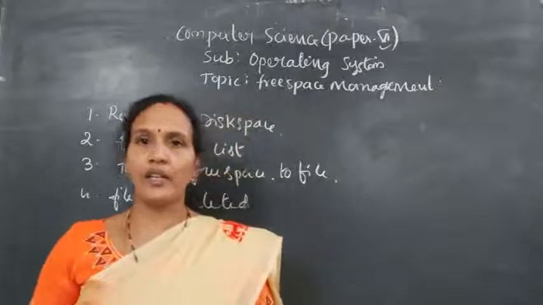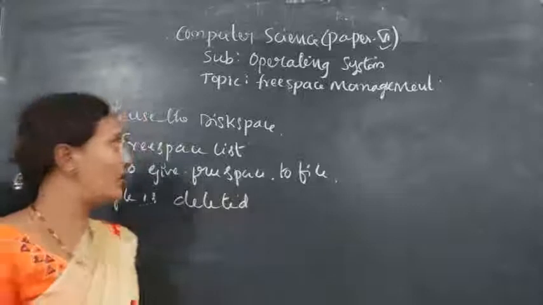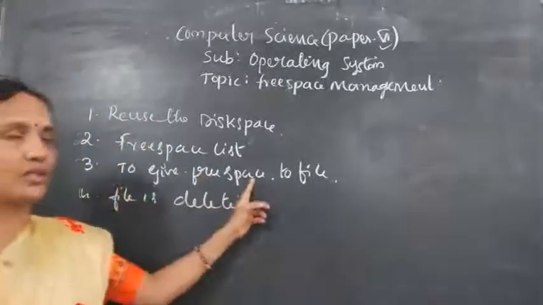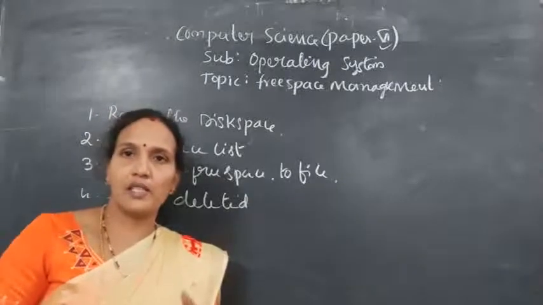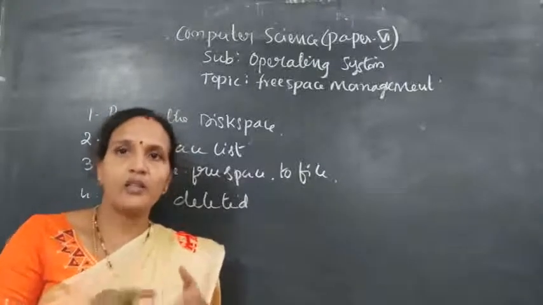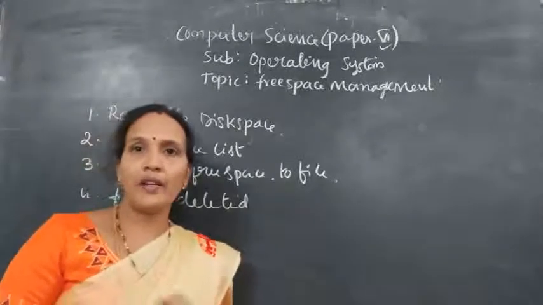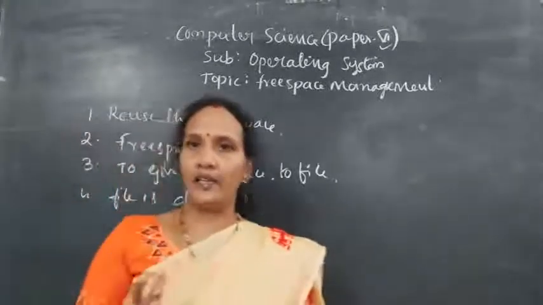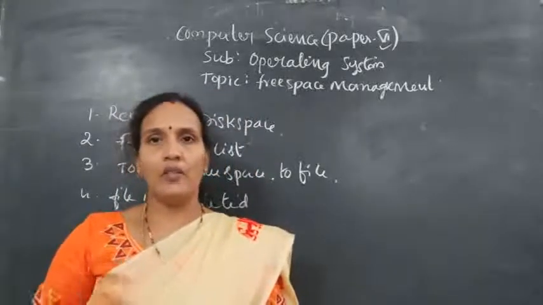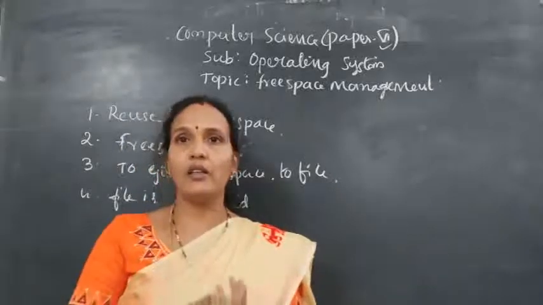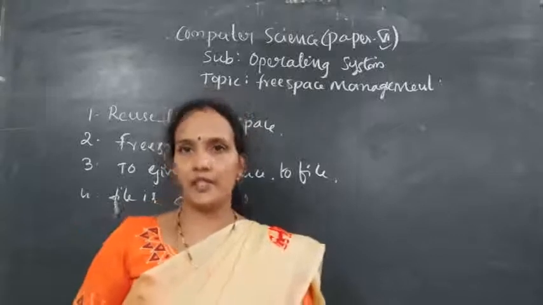Whenever any file is requesting memory, the operating system will first look in the free space list. If the blocks are free, those blocks are allocated to the new file. And whenever any file is deleted, whatever memory was given to that file will be collected and that information is updated again in the free space list.